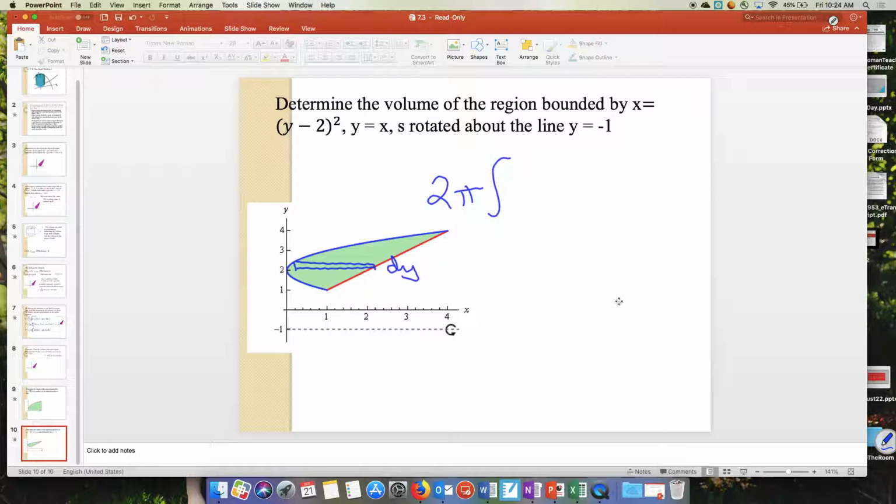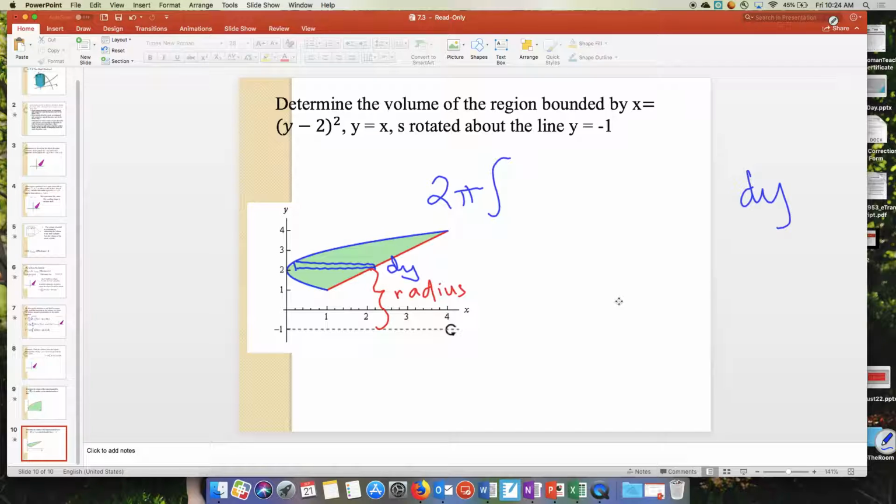2 pi r h times thickness. Okay. Let's talk about our radius. Our radius is always the distance from the rectangle to the axis of rotation. What is it? y plus 1.